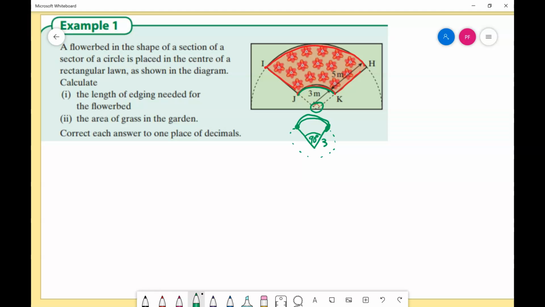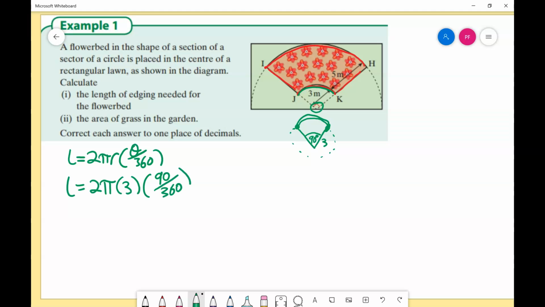On page 9 of your tables, you'll see L is equal to 2 pi r times theta over 360. So L in that case is 2 pi, the radius is 3, and the theta is 90 over 360. So all that goes into the calculator.